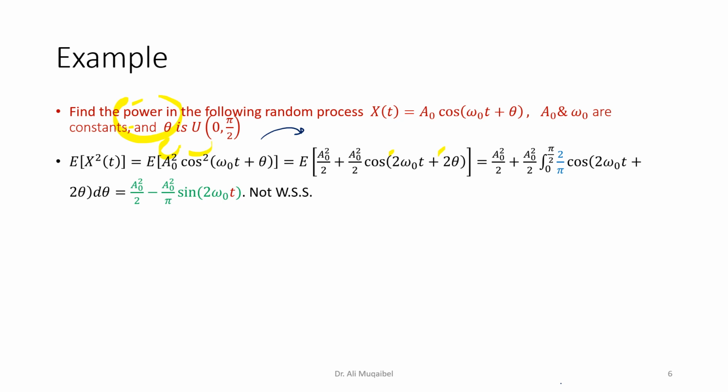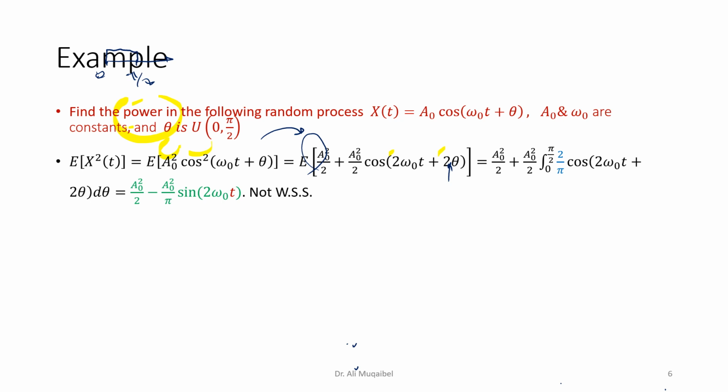Now the first term is outside the expectation because there is no randomness there. In the second term, we have to integrate over theta, because it's the only random quantity here, and its PDF. Since it's uniform, the area has to be 1. So this is 0 outside 0 to pi over 2, and it's uniform, so it's constant.